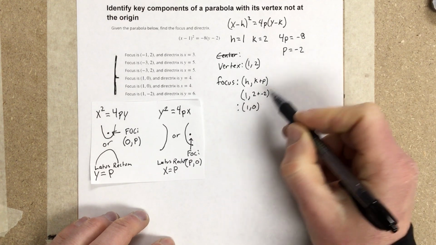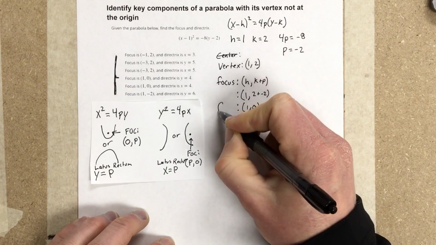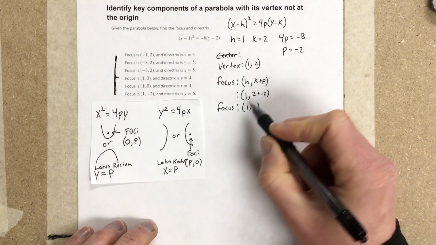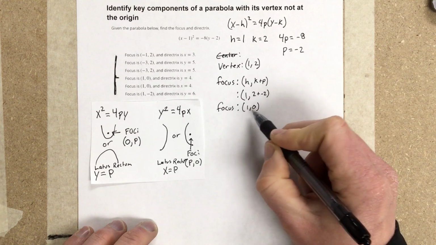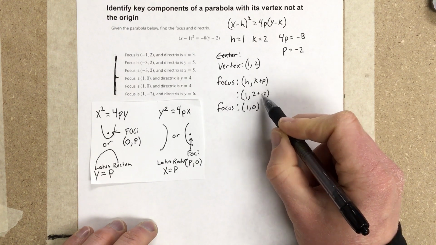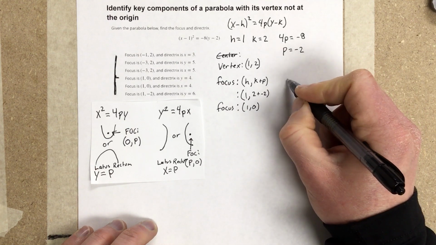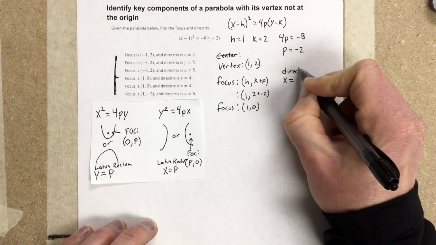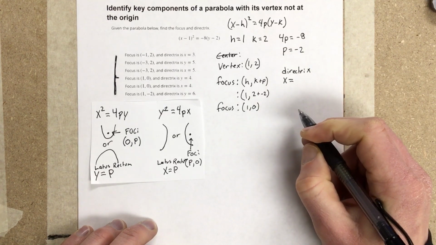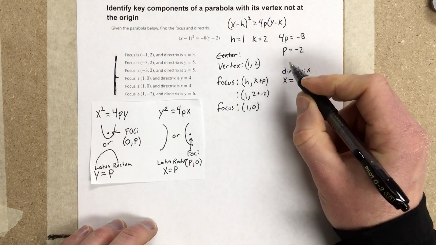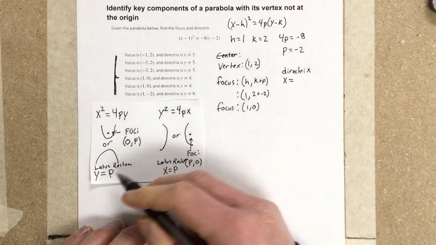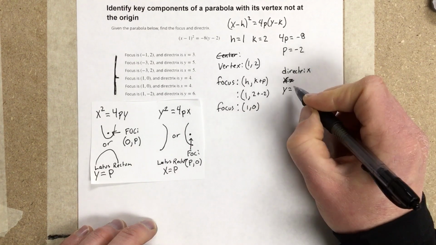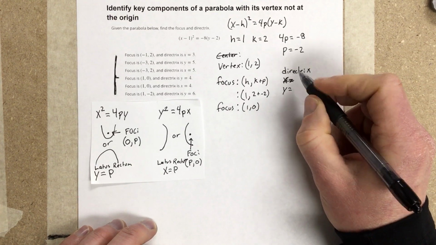And then if I want to go ahead and now find the directrix, if (1, 0) is the focus, the directrix is going to be on the exact opposite side. So y is going to equal negative p plus k. Oh, I said x, I meant y, sorry.